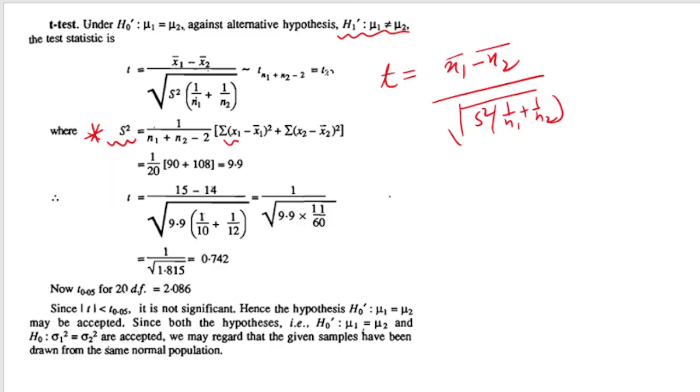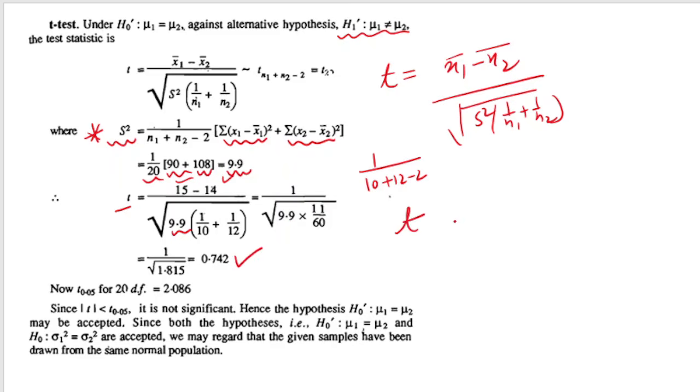Then the summation of (x1 − x̄1)² plus (x2 − x̄2)². So 1 by the total observations, 10 plus 12 minus 2, that is 20, times 90 plus 108, so we are getting 9.9. So the t value is x̄1, 15, minus 14, by the square root of 9.9 into (1/10 + 1/12). So this value is 0.742.